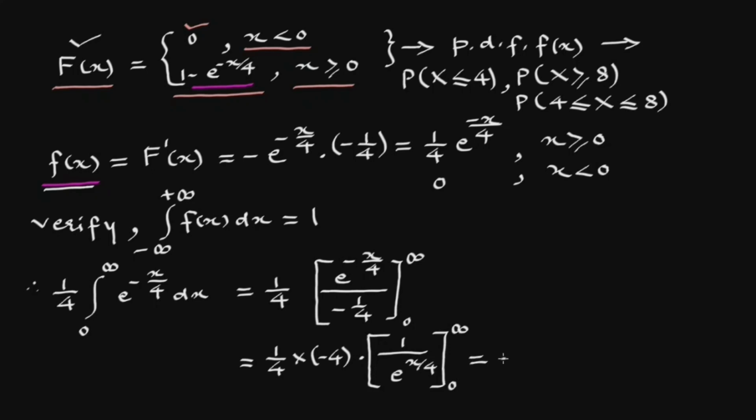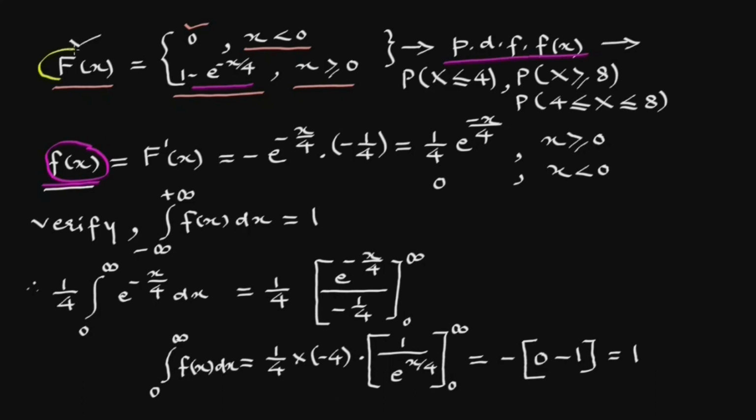This will be minus 1 upon e raised to infinity, which is 1 upon infinity, that is 0, minus 1 upon e raised to 0, which is 1 upon 1, that is 1. So the integral of f(x) dx from 0 to infinity is 1, which proves that this f(x) is a probability density function. It also means that capital F(x) is a distribution function.